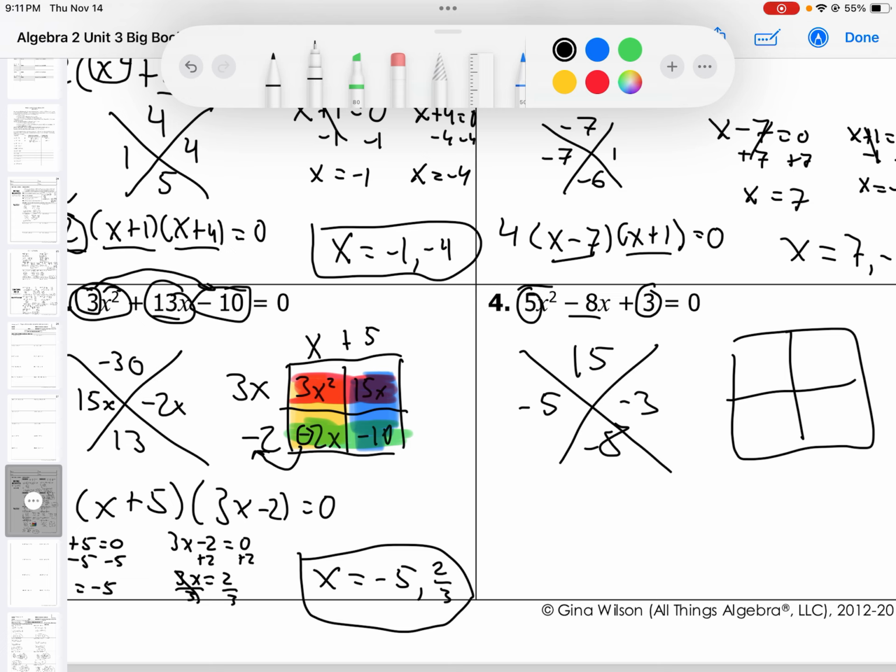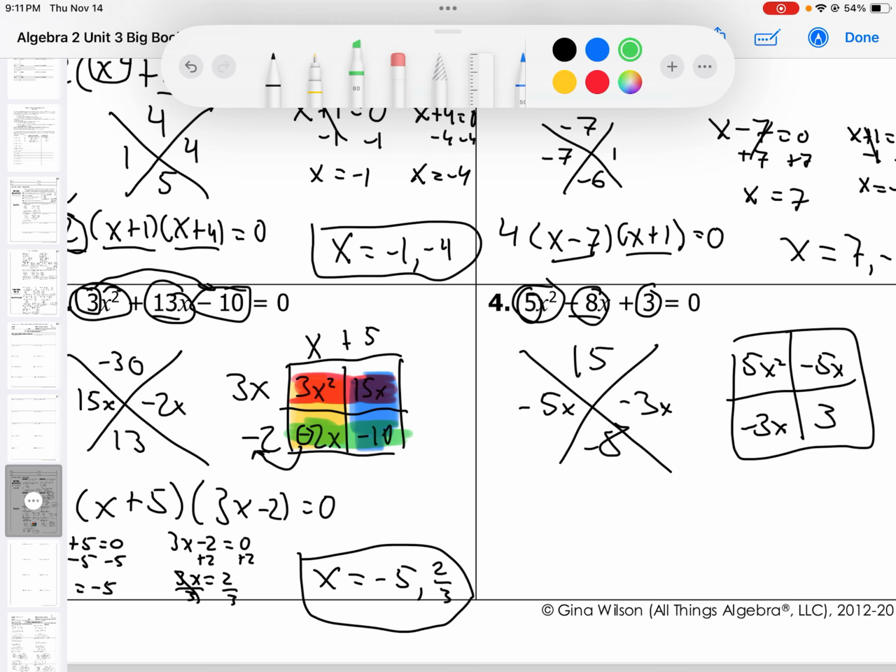Then to fill in the box, 5x squared goes in the first box. The 3 goes in the last box. And then the negative 8x we turn into negative 5x and negative 3x. And those go in the other two boxes. Okay. Then once again, we're going to see what our columns and our rows have in common.